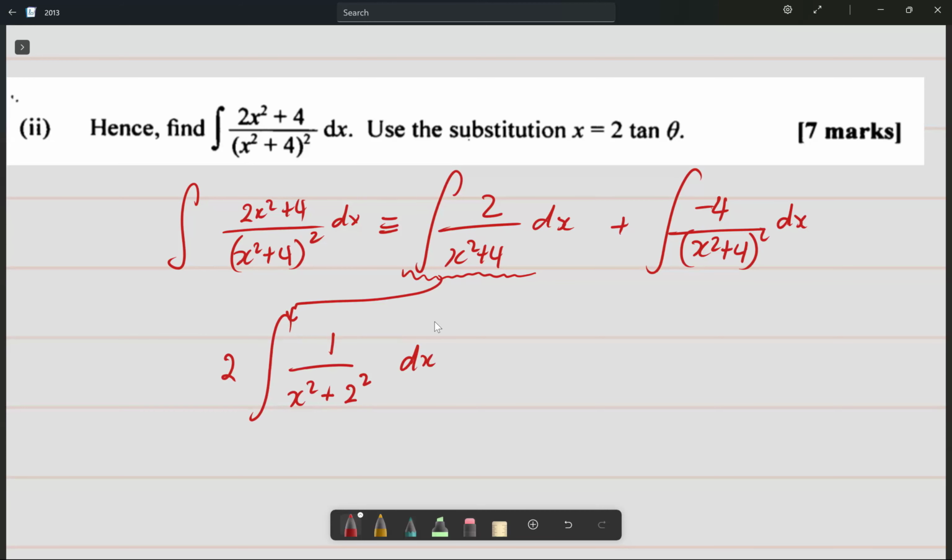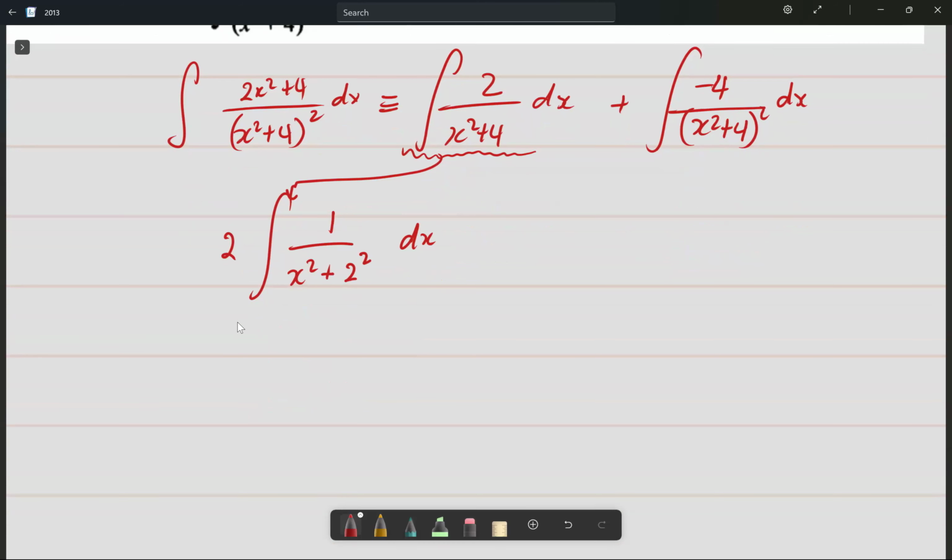Now it's in the form that we know, right? Which means that we recall that the integral of 1 over x squared plus a squared dx is going to be equal to 1 over a tan inverse of x over a.